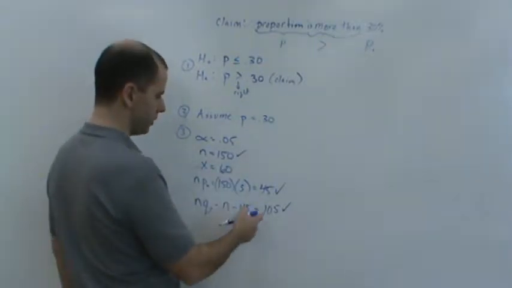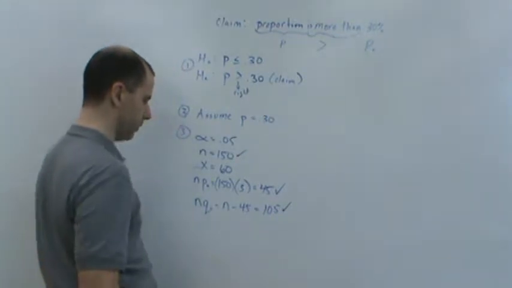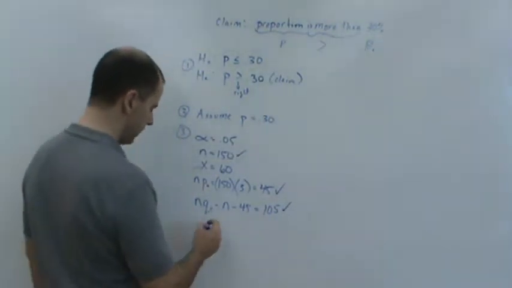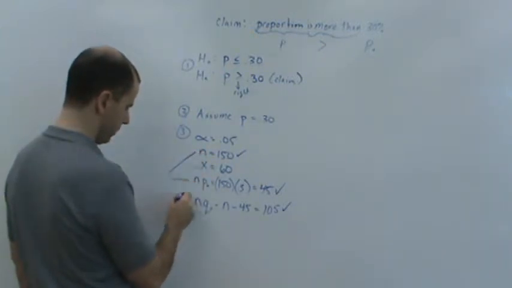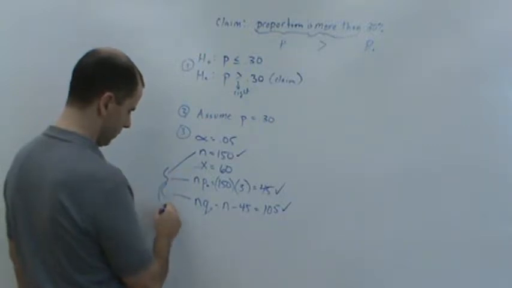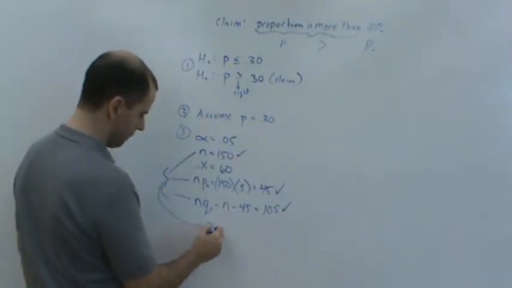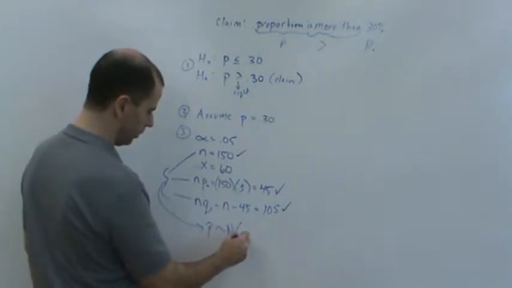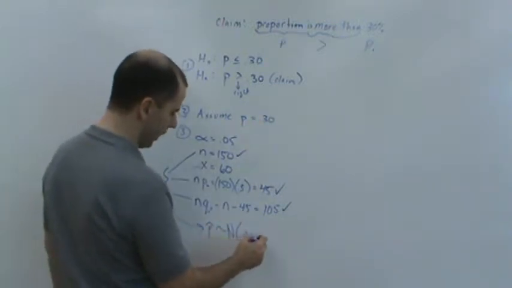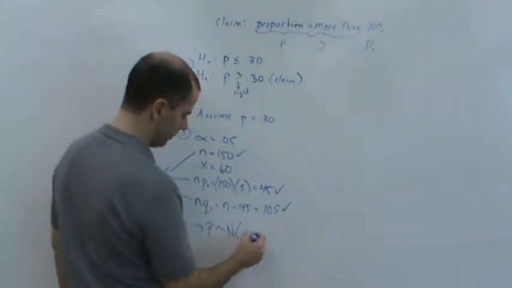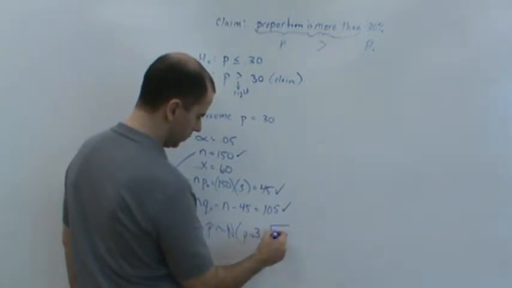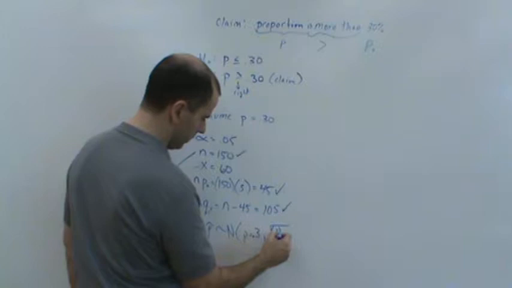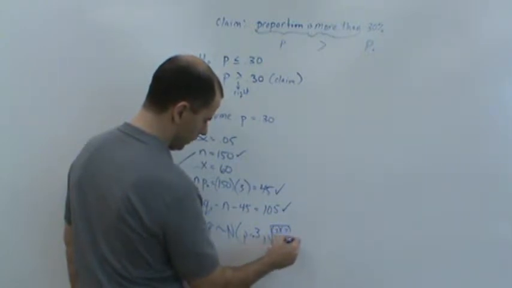So this is greater than or equal to 30, this is bigger than or equal to 15, this is also bigger than or equal to 15. So what does this mean? It means that we can now say that p hat is approximately normal with p equal to 0.3, and the standard deviation is the square root of 0.3 times 0.7 divided by 150.